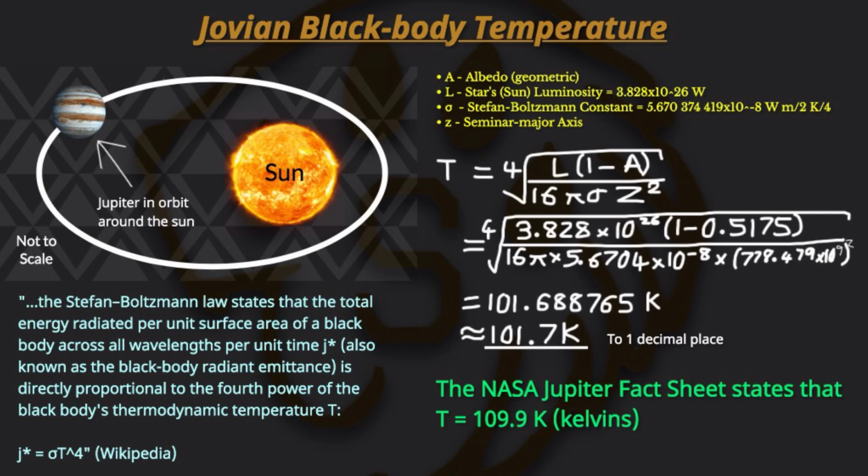So if you subtract that value from 101.7 or 109.9 kelvins, you should get the value in degrees Celsius for the temperature of the black body. But usually here we use thermodynamic temperature, which is given in kelvins. That's why you see it like that. So I think we're done with this calculation segment.